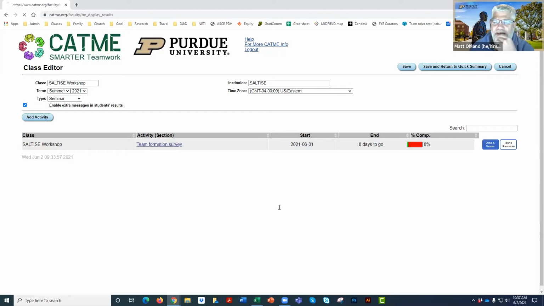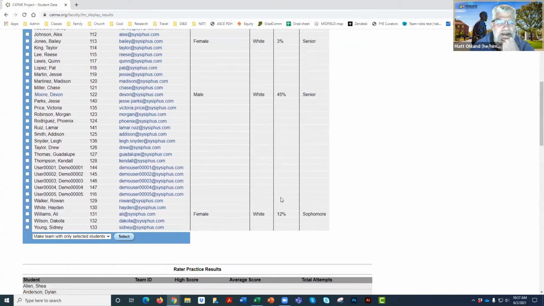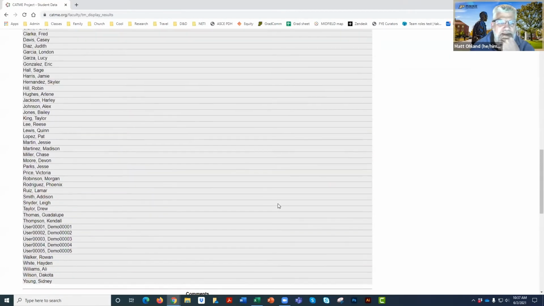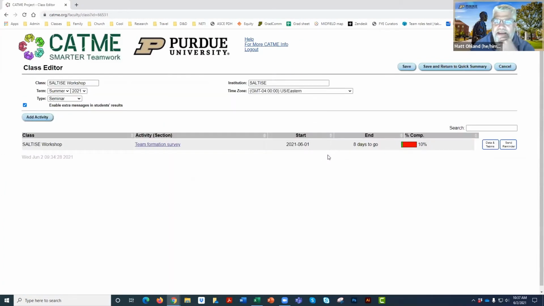I can look at the data that's been submitted so far, including comments, if there are any. Ooh, we're up to 10%. It keeps growing.